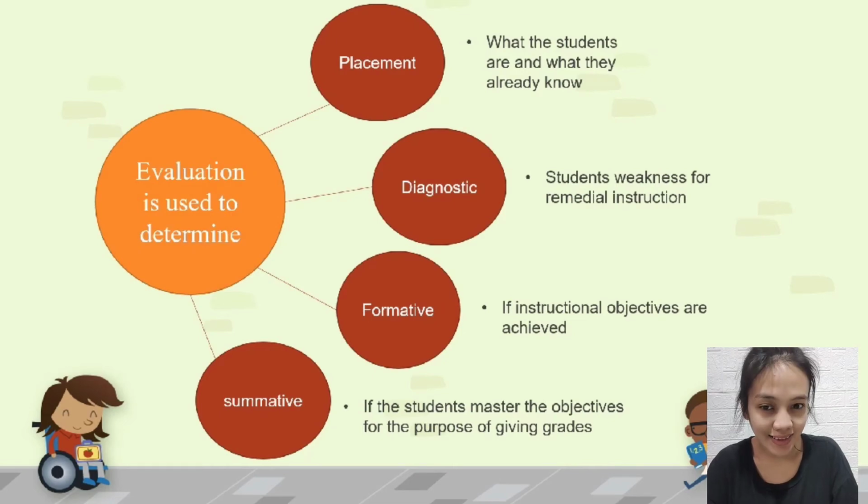In the formative role, we need to determine if the instructional objectives are achieved. And in the summative role, we need to determine if the student mastered the objectives for the purpose of giving grades.